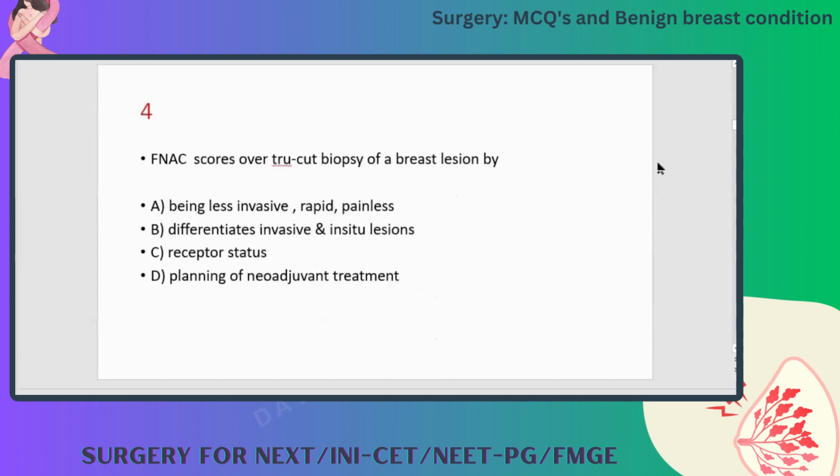Identify. Tell me this one. Is it option A? It is less invasive, rapid, and painless. Very good. Will FNAC differentiate invasive and in situ lesions? No. Will it tell the receptor status? No, sir.